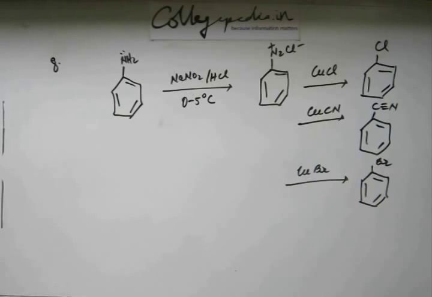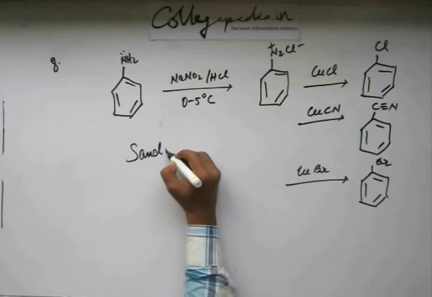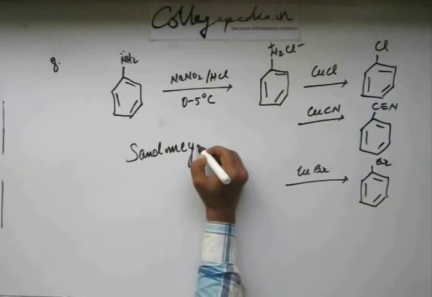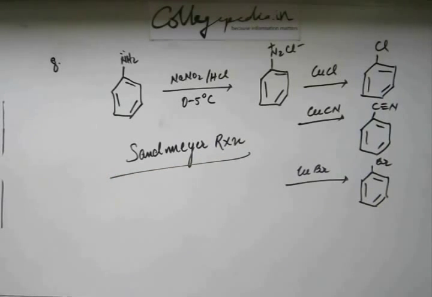Fine. Now, this reaction is called Sandmeyer reaction. Sandmeyer was the one responsible to figure out that this can be done, and this is how we can get various functional groups on benzene using cuprous ion.